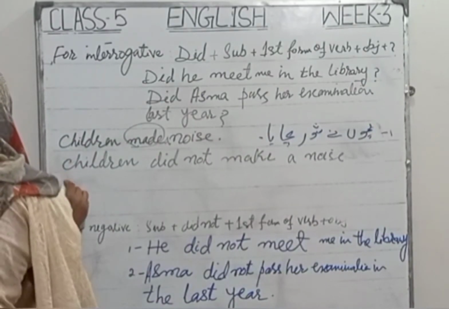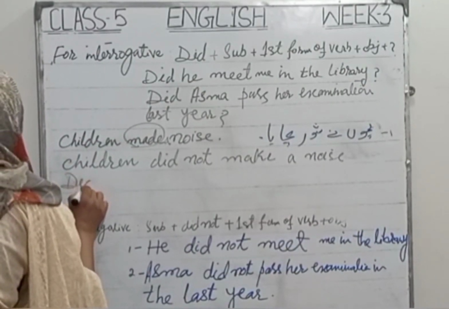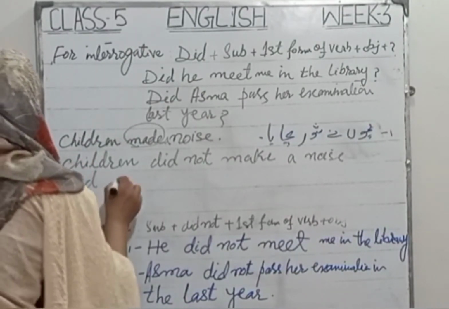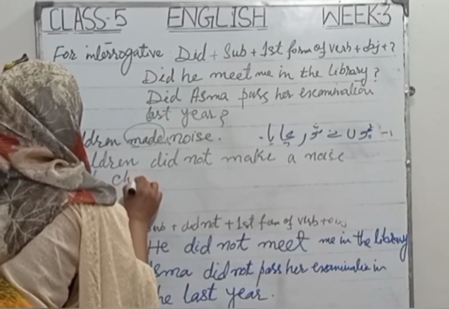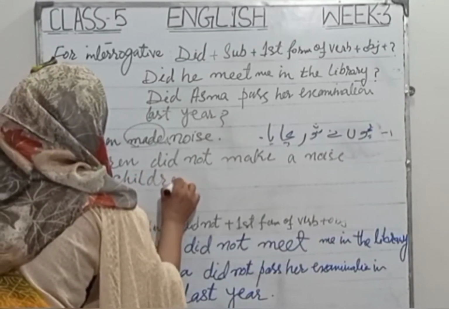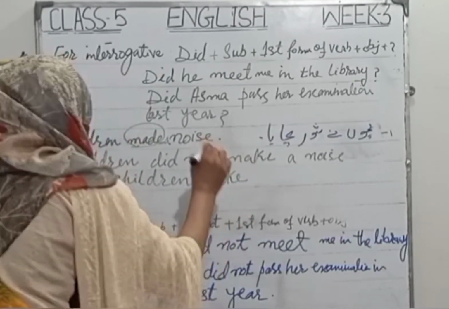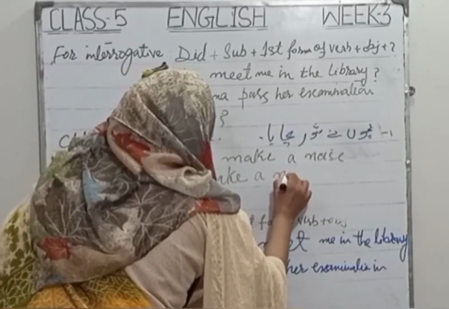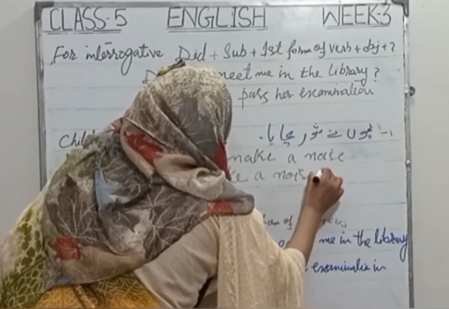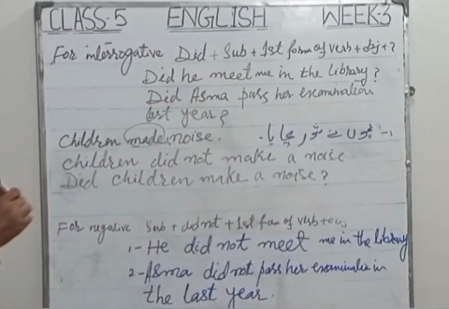And for interrogative, the auxiliary verb did will come at the beginning of the sentence. Did children make a noise? And question mark.